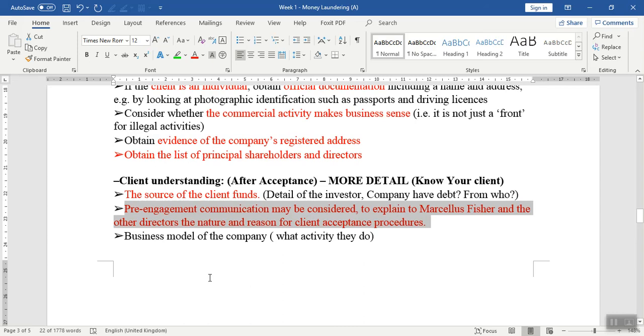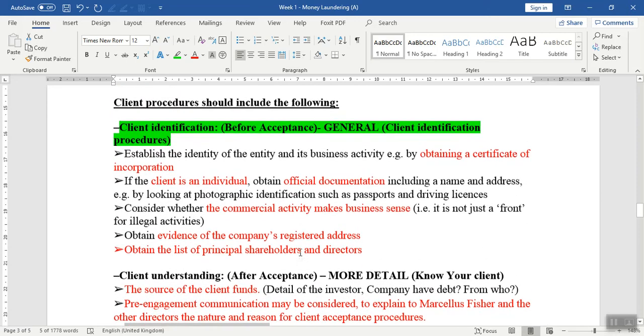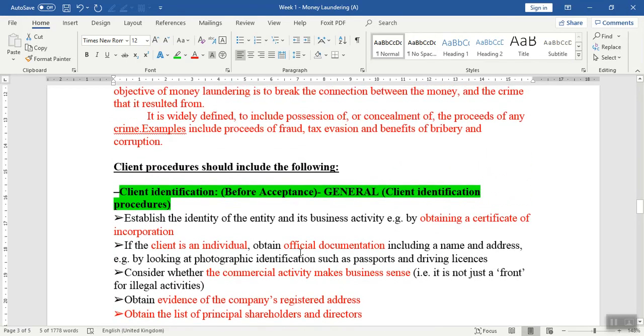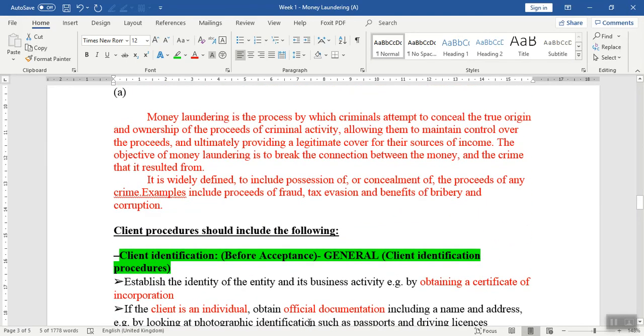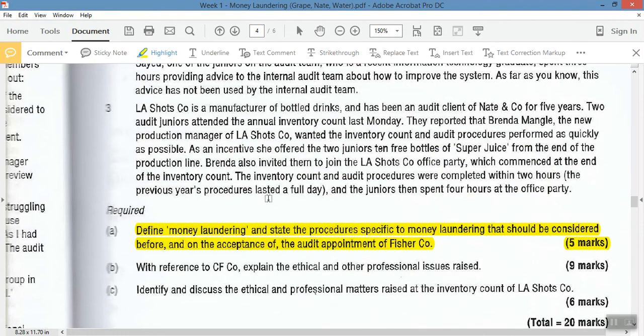Okay, and the next one will be the business model of the company. You want to know what activity they do, the model, where they focus, whether they diversify their business or not. Whether they have any relationships with companies overseas and so on. Okay, so you can see for money laundering, the scope is not too wide, always within the scope here. Okay, so we have finished with this question.